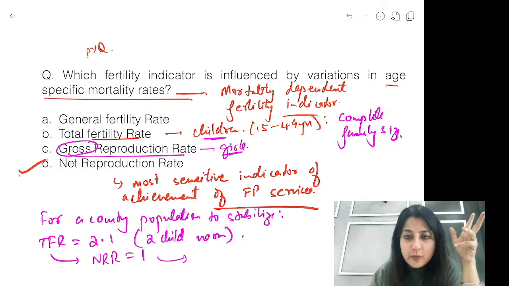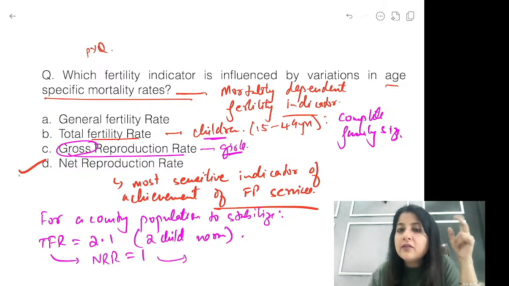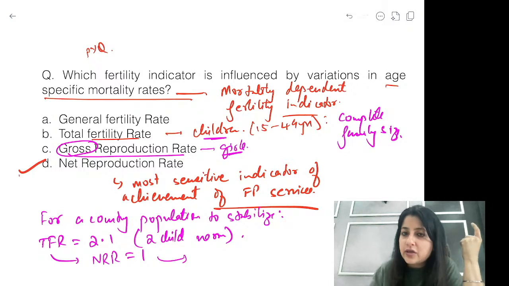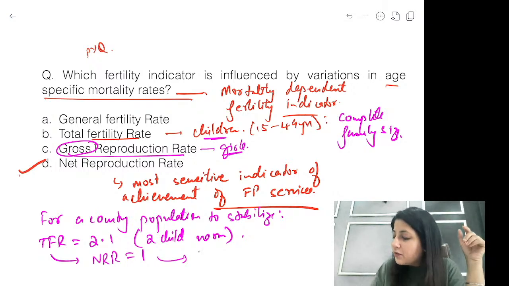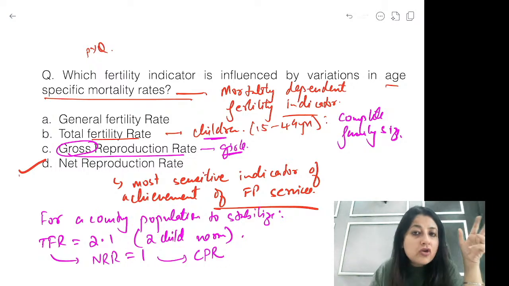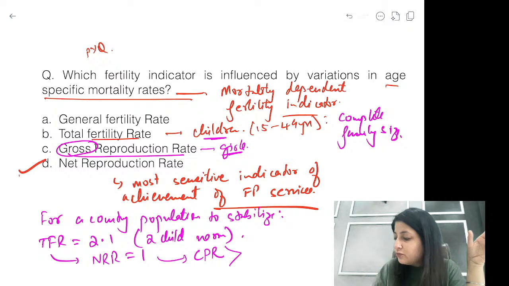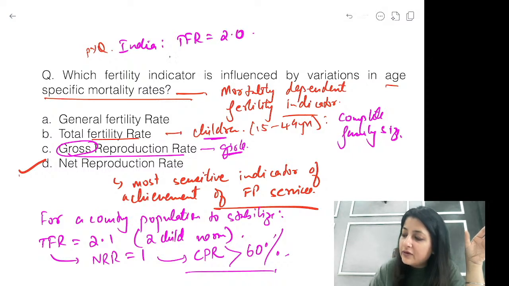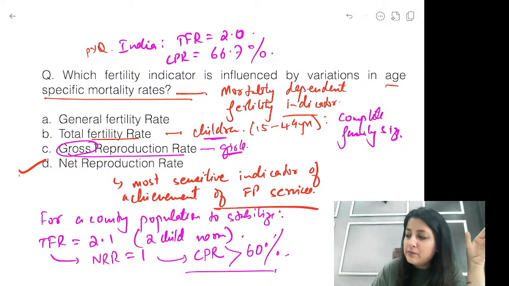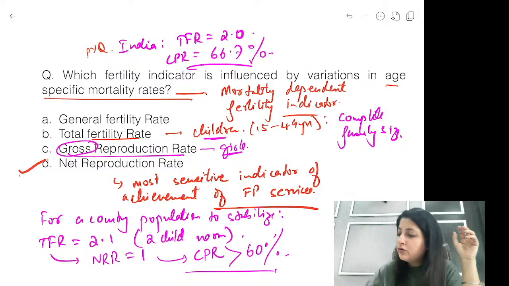By the law of probability, if someone has 2 children, one is a girl and one is a boy. And when will a net reproduction rate of 1 be achieved, guys? When couple protection rate or contraceptive prevalence rate is more than 60%. In India, the TFR currently achieved is 2.0 and the contraceptive prevalence rate is 66.7%. Clear?